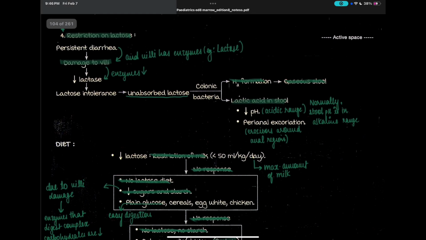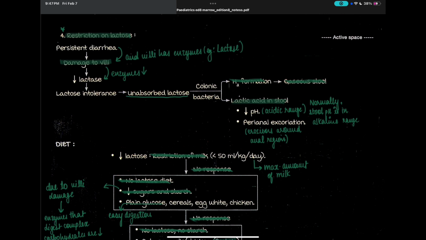Restriction on lactose in persistent diarrhea. There is damage to villi, decreased lactase, and lactose intolerance. Unabsorbed lactose goes to colonic bacteria, causing H2 formation and gaseous stool, and lactic acid in stool decreases pH, causing perianal excoriation.